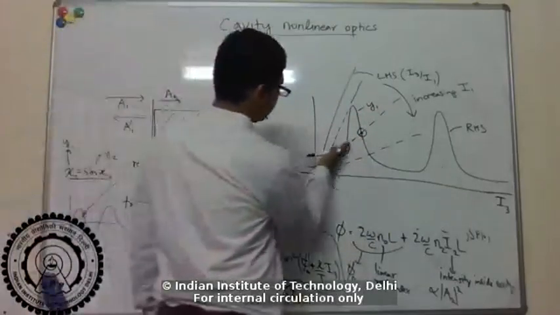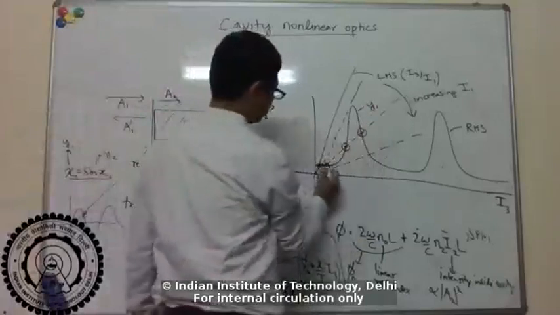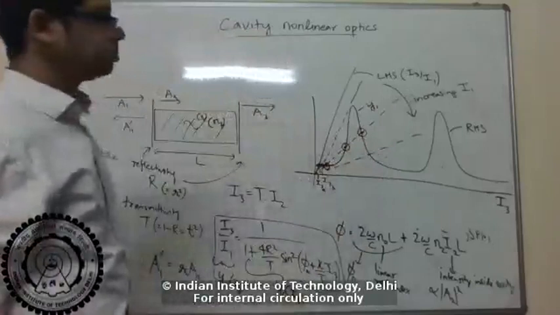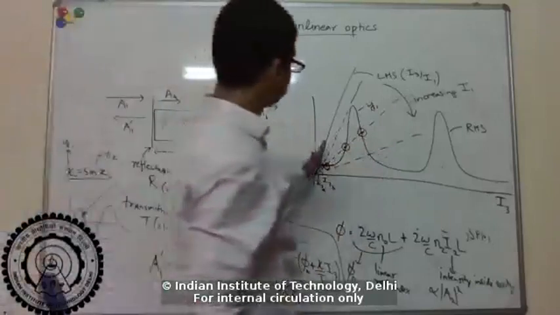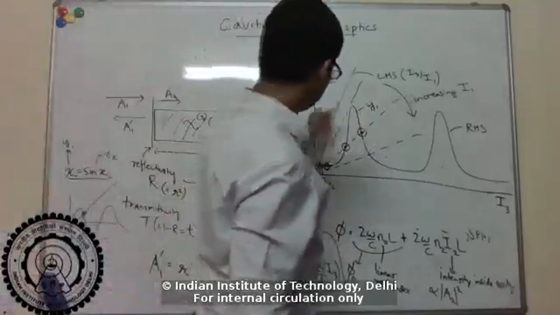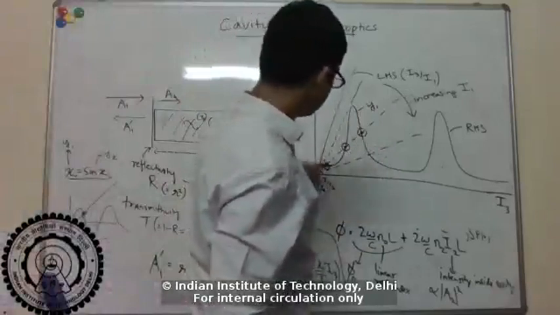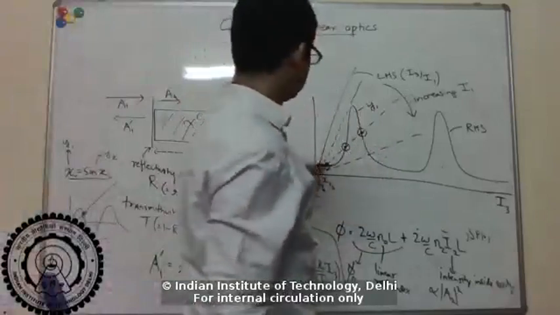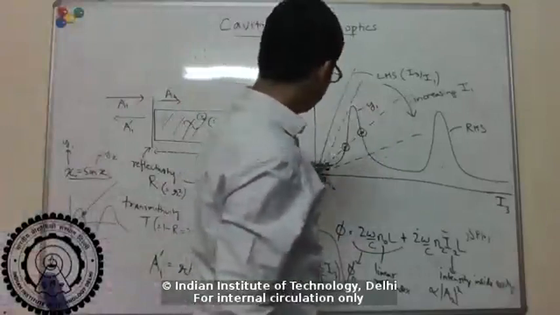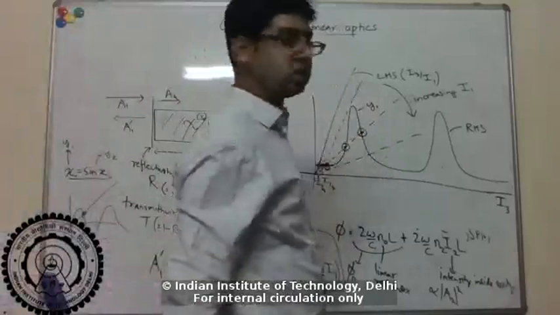So for this particular intensity, there are actually three solutions. As long as the slope was steep such that it didn't intersect the resonance, it was only intersecting this lower part once, so I got only one solution. But as the slope becomes lower, at some point I start getting three solutions.